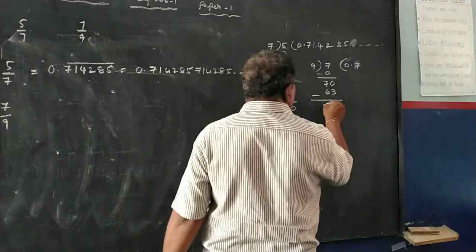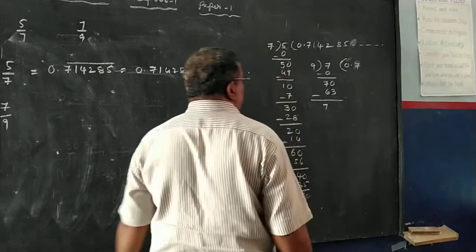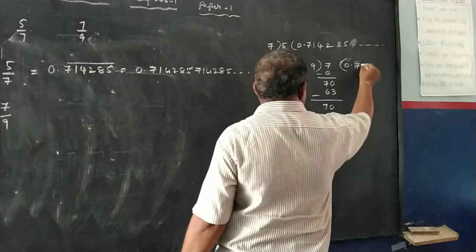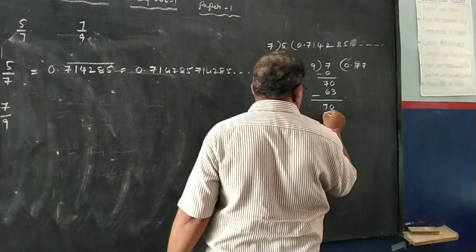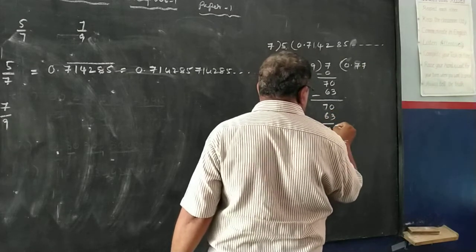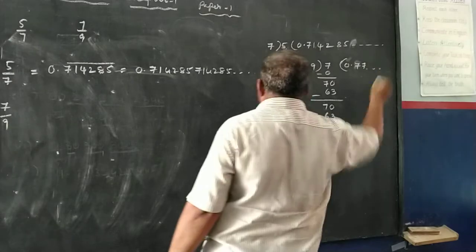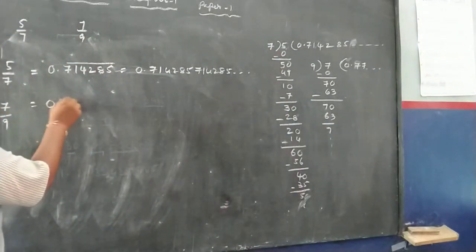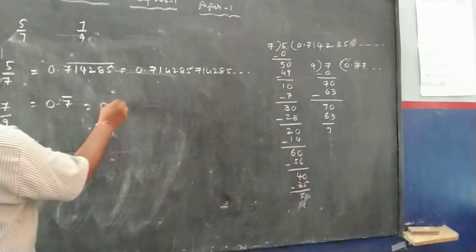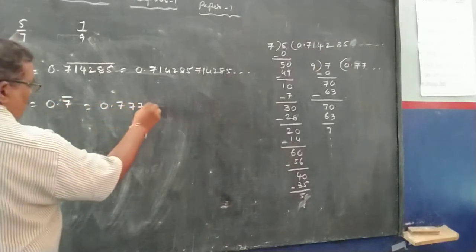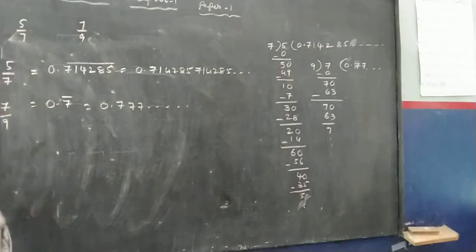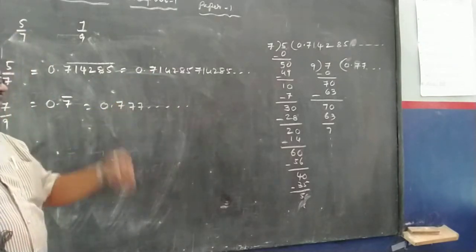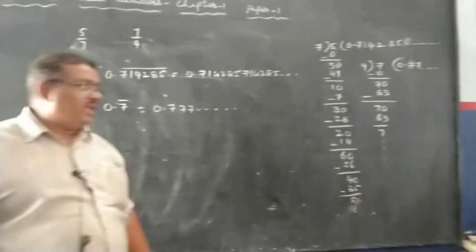Do subtraction, 7. 9 sevens are 63. 7, and so on. It continues like this. So this is 0.7 bar. That means 0.777 and so on. Between the values 0.71 and 0.77, how many irrational numbers are there?